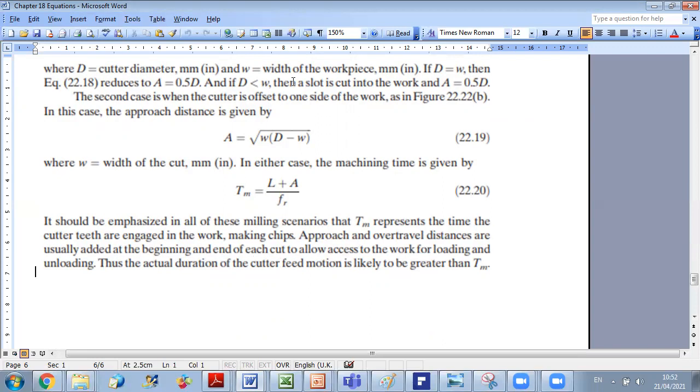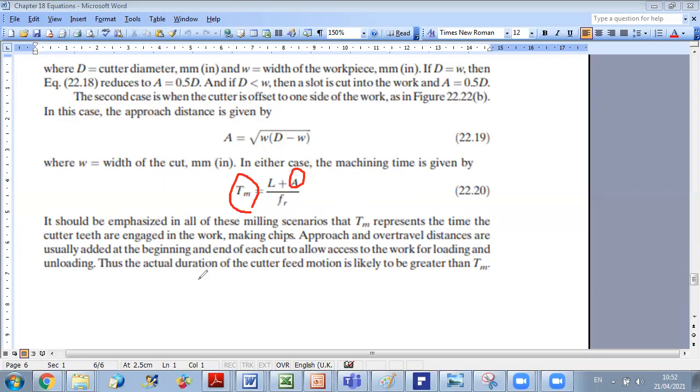And in addition to the machining time, we should add other times, because you should bring your cutter, you should approach, and even before A, you have a certain time to handle your cutter and approach it, and before getting it ready to be used, you should have a certain handling time. And after finishing the operation, you will unload the system. So also this will require a certain time.